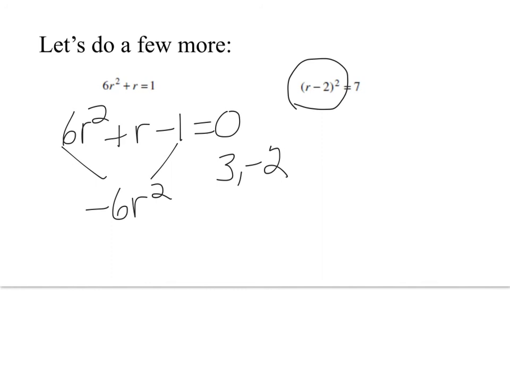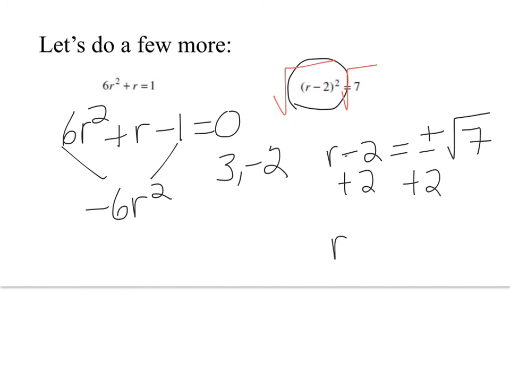If you take the square root of the left side and the square root of the right side, on the left side you end up with just r minus 2, and on the right-hand side you have positive or negative square root of 7, because remember, if you take a square root, it could have been positive or negative. Then you add 2 to both sides. So r is equal to 2 plus or minus the square root of 7.